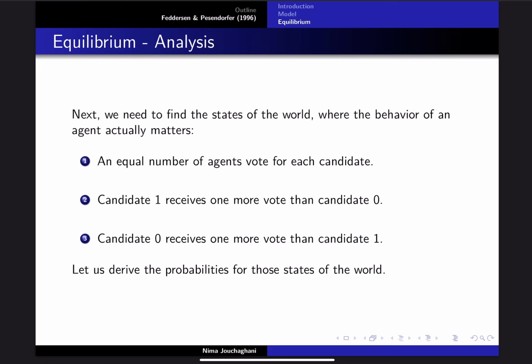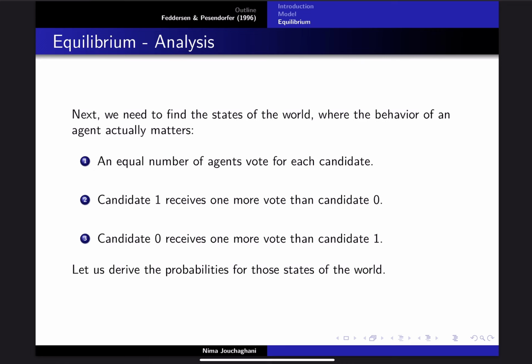On the other hand, we have a situation where candidate 1 receives one more vote than candidate 0. In those situations, the agent can change the outcome of the election by voting for candidate 0, and then we have a tie, and the outcome switches from a certain win of candidate 1 to a 50-50 chance of both candidates winning.